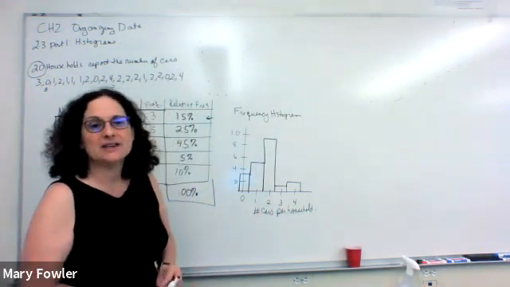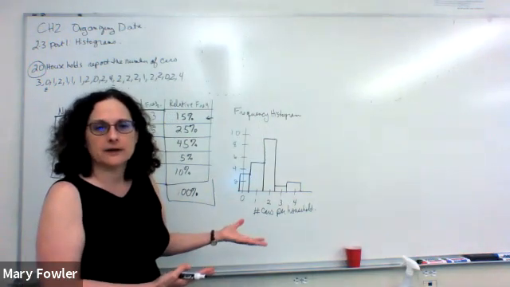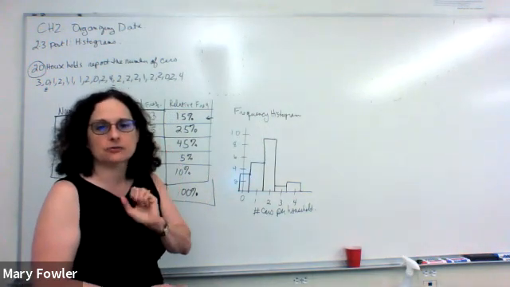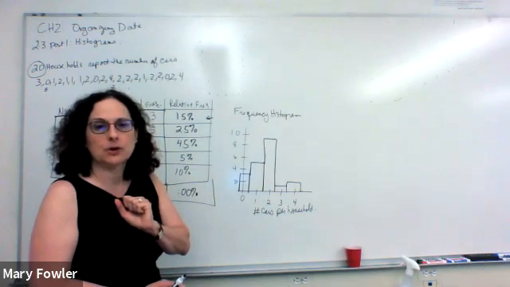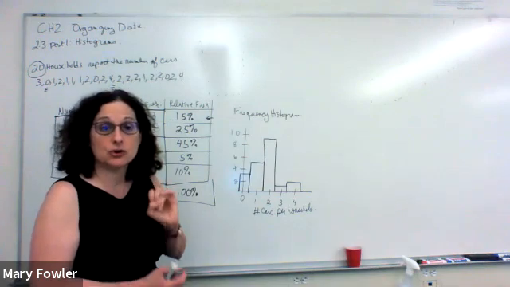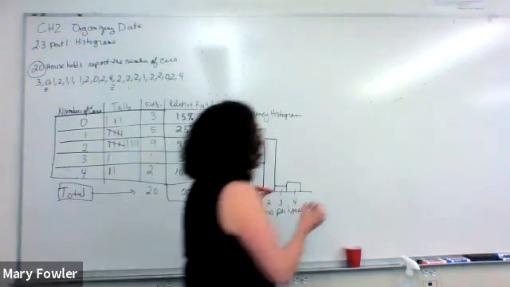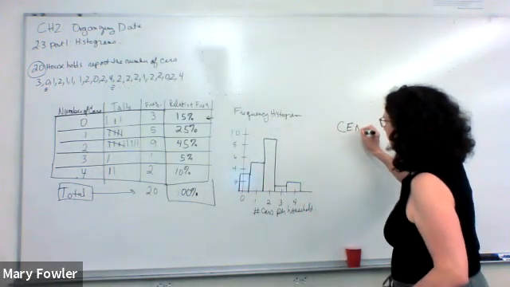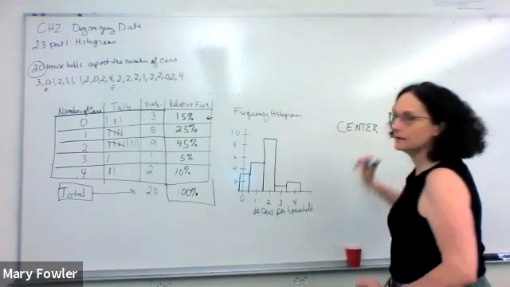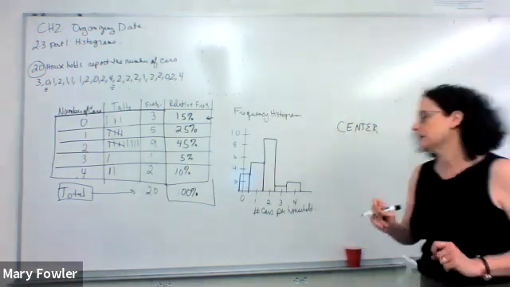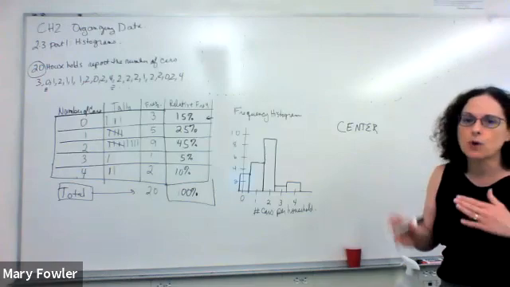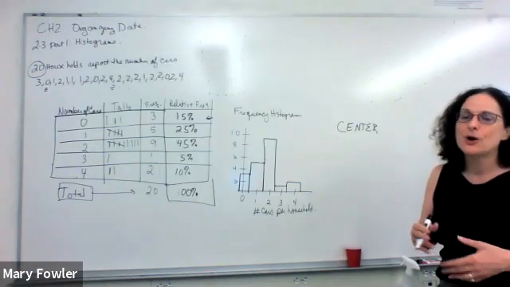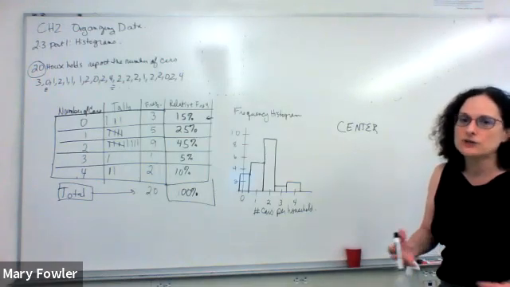Okay, so in general, when we look at a graph like this, there are 3 characteristics that we want to be able to use to describe the graph. And they are center. This is a very important topic, these 3 characteristics. It's what we're always going to be thinking about when we look at a data set. How do we describe it?